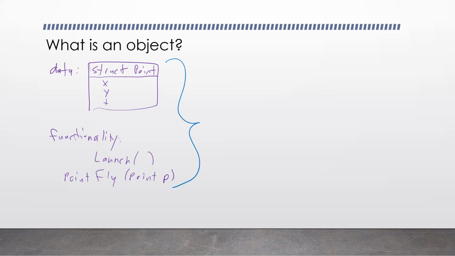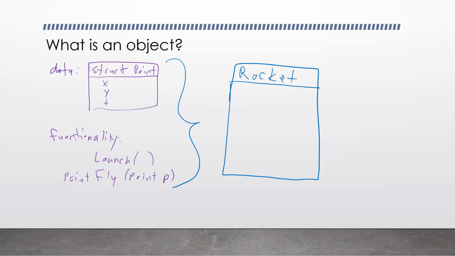So you could conceivably have one object of type rocket that kept track of its position as a point, as an x, y, t, for example, but would also keep track of its own weight, or mass, I guess we should say in a physics sense, its drag coefficient, and its thrust capability.